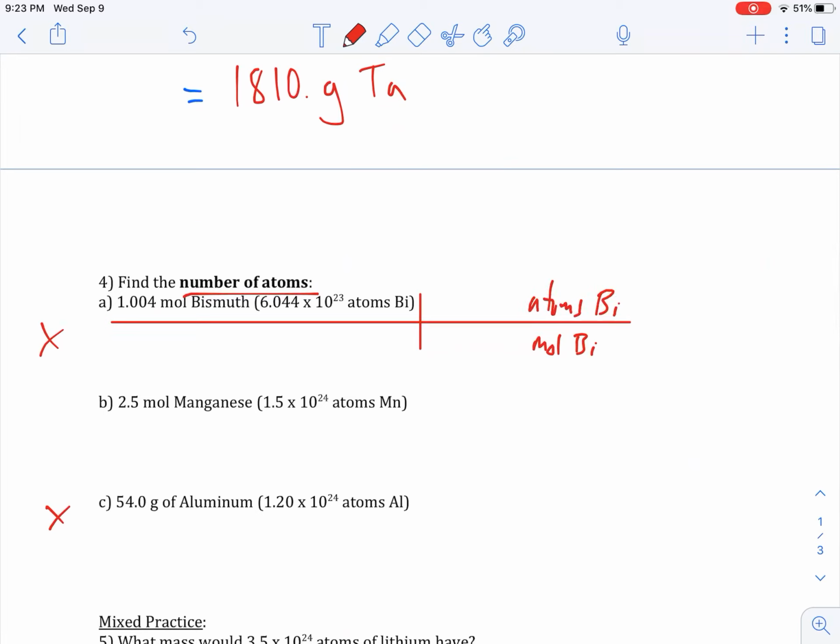If this were a compound, instead of putting atoms of Bi, I would put molecules. And that conversion factor is 6.022 times 10 to the 23rd particles, in this case atoms, for every 1 mole of Bi. Canceling my moles, I'm left with atoms.